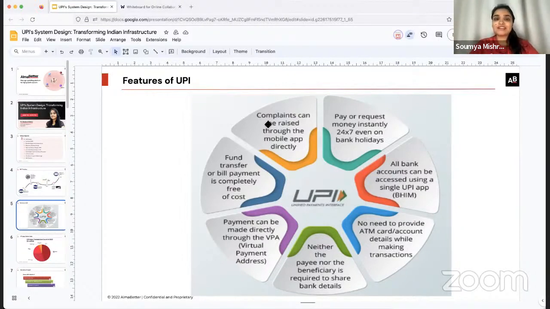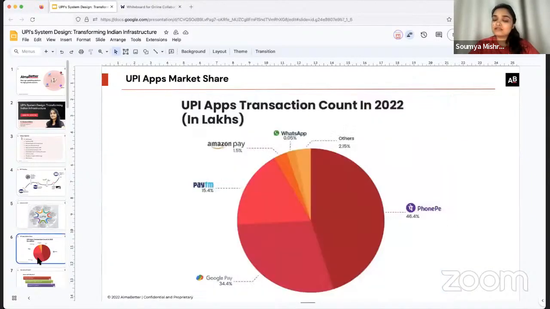I'm pretty sure that none of the features would be new for you, because UPI has entered our system so deeply that all of us are definitely using it almost every day. So now let's see some figures related to it.